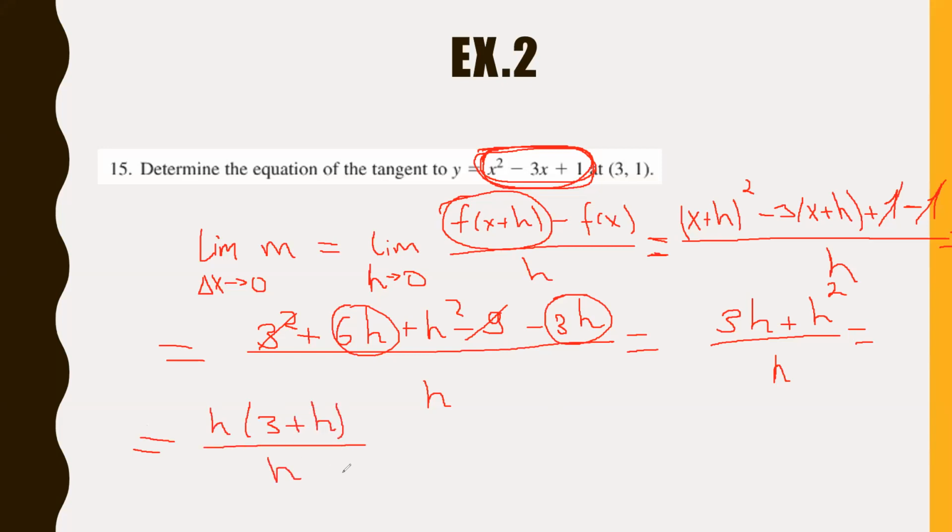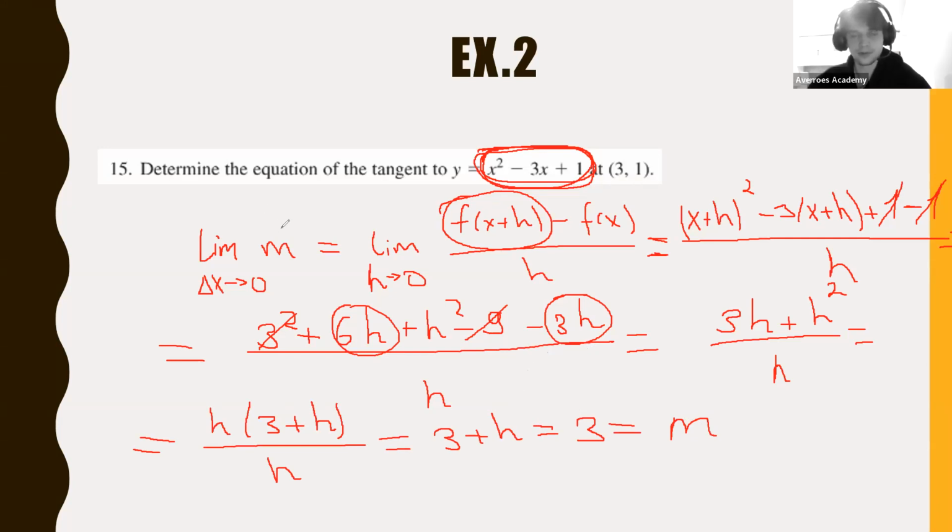So if you factor out an h, you'd get h times bracket 6 plus h subtract 3, over h. And then you could cancel those h's, you would get 6 subtract 3 plus h, or you could just write 3 plus h. And then set h to 0 and get m equals 3.